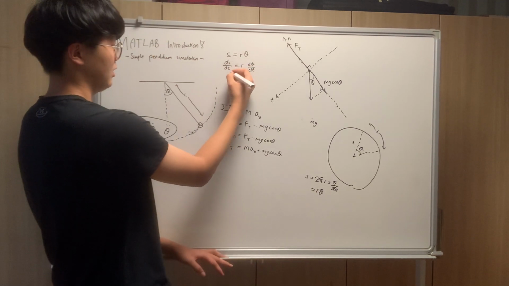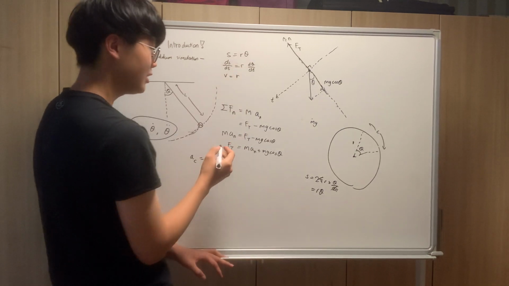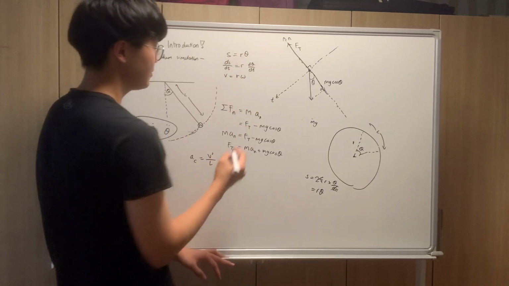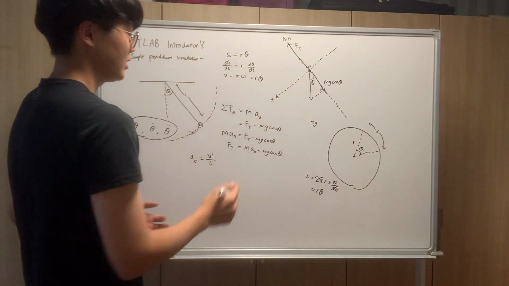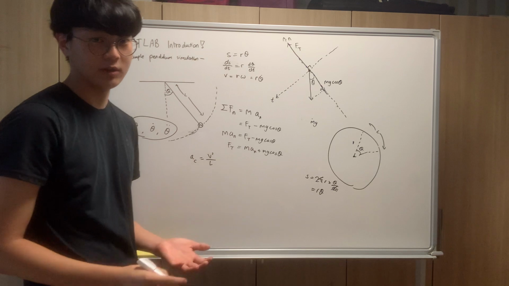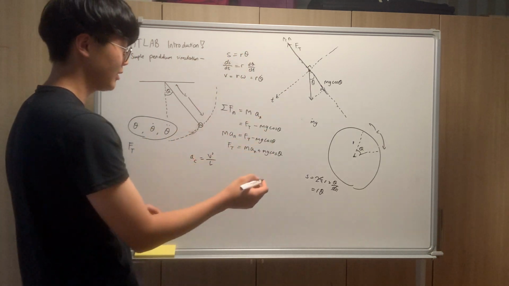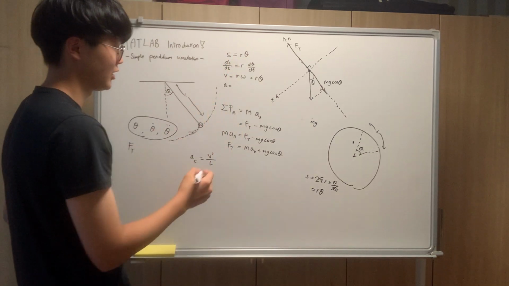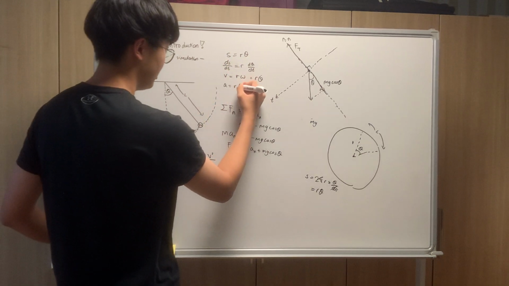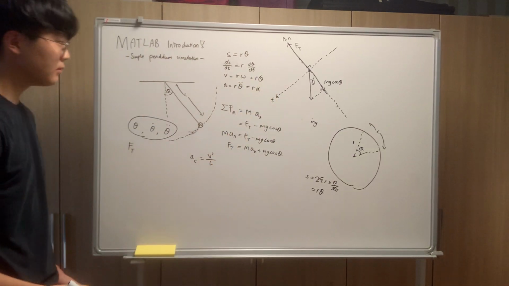and basically we get, well, ds over dt is velocity, equal to r times d theta over dt, which is omega, which is also equal to r theta dot, which basically means the time derivative of theta. And we could do the same thing once more, and we're going to get acceleration: dv over dt is equal to r theta double dot, or we could say r alpha.